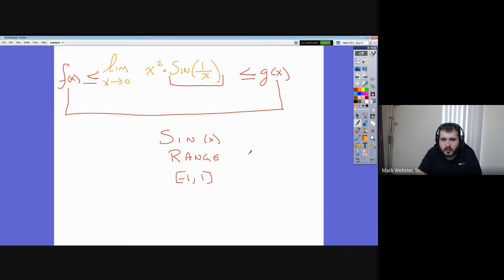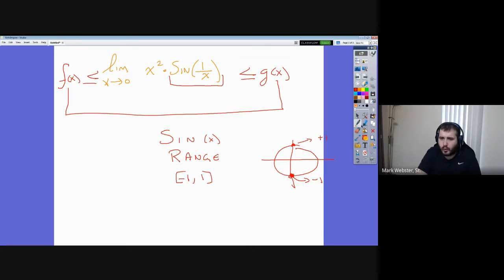The lowest sine function can pop out as a -1. The highest that a sine function can pop out as is a +1, right? If you think about the unit circle on the xy plane, this is the lowest number you can get on the y value, and that's a -1. This is the highest number, right? That's a +1.